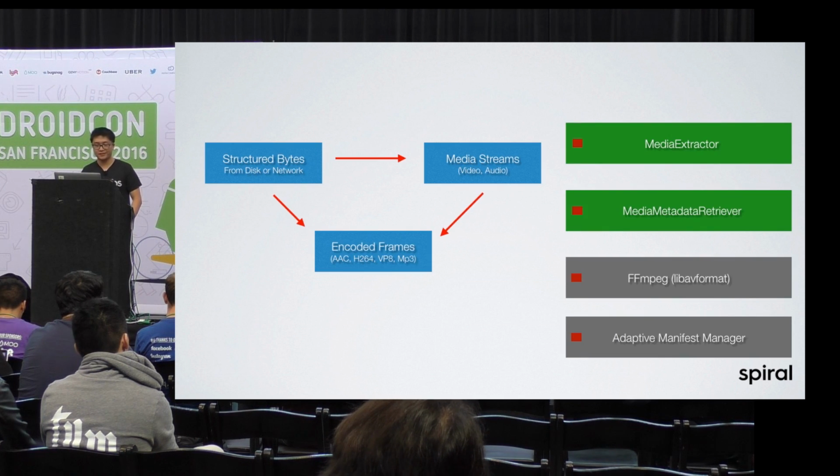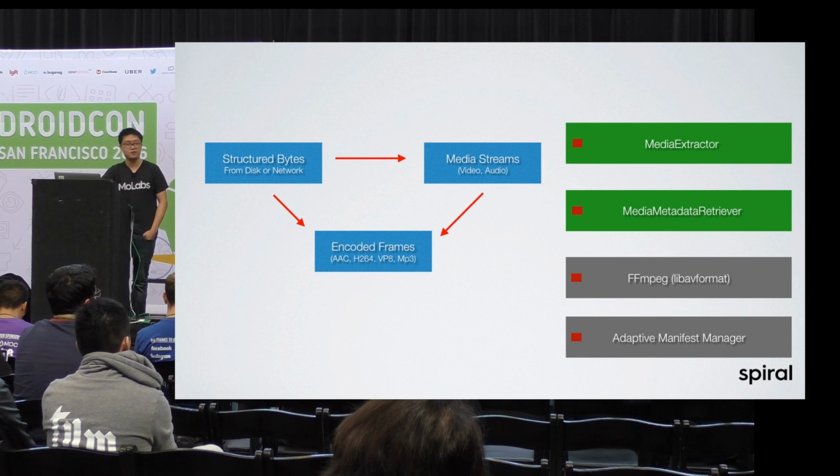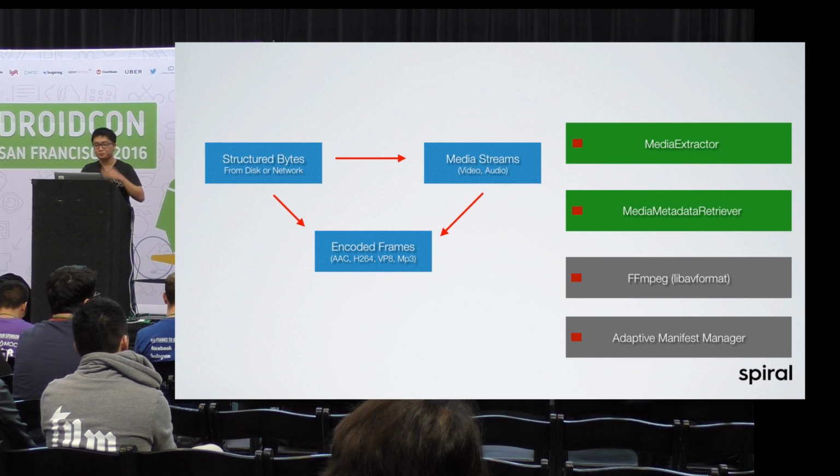The first stage is to get the structured bytes, which is your file container format, decoded into encoded frames. Or in the sense of audio, you'll also get encoded frames.